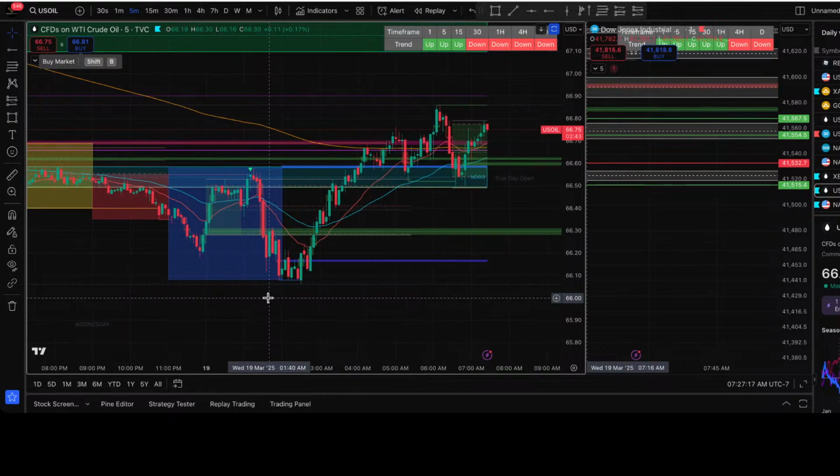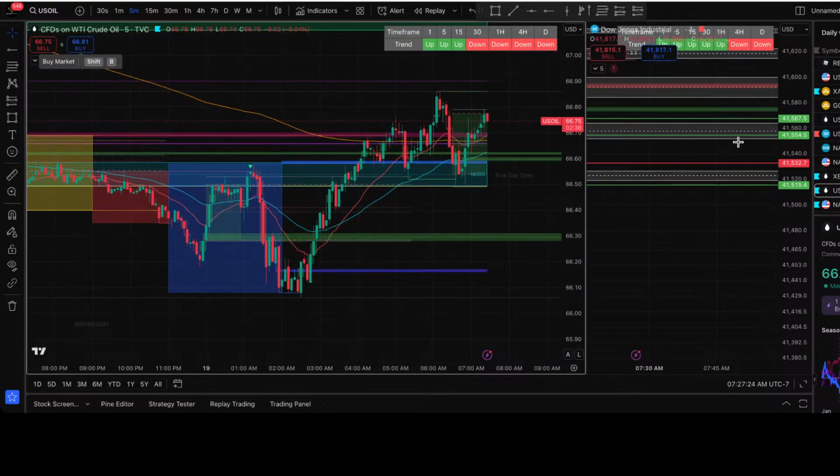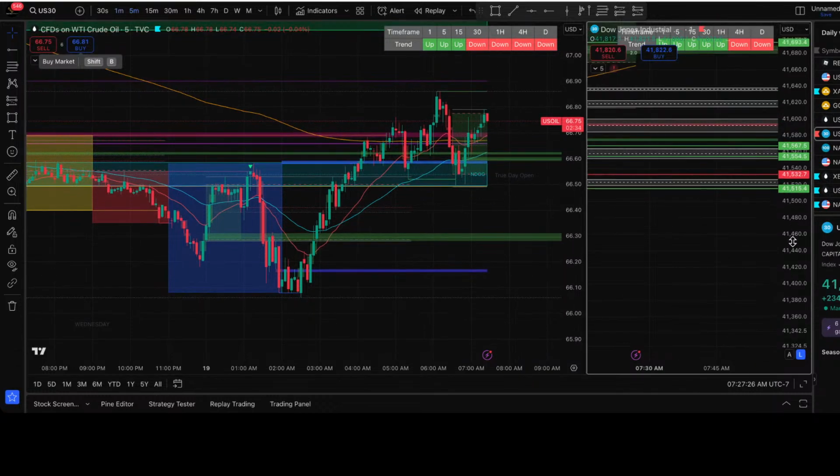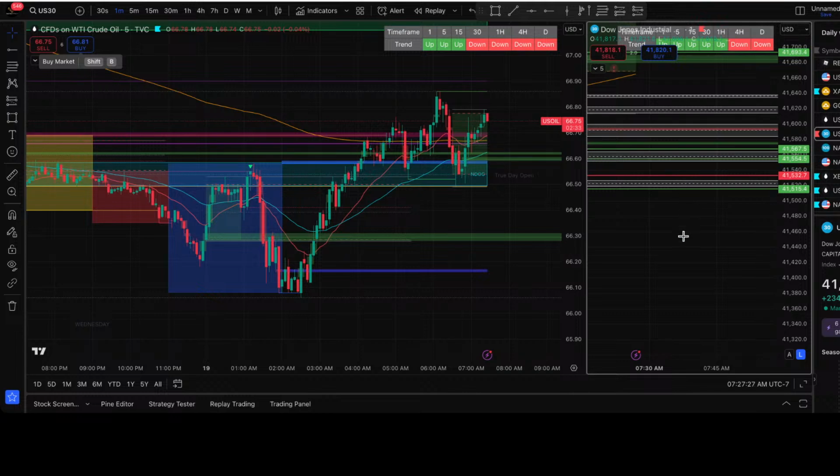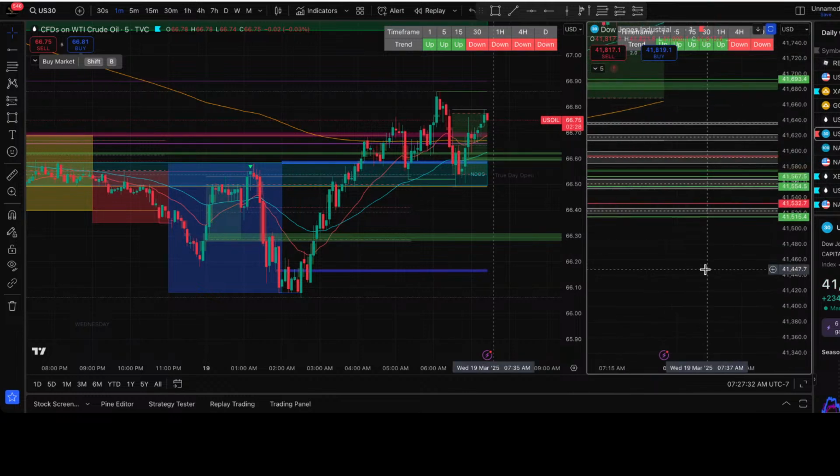Majority of our session will be educational. We're just going to go over a couple of things, maybe back test a couple of assets, but we'll keep an eye on oil. Here I have US 30 up here in the right hand, just to keep an eye on it, but not something I'm looking to trade today.